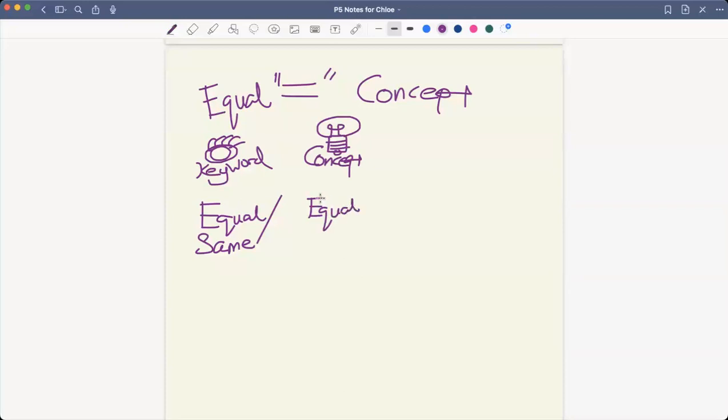So you can see that the keyword is similar to the concept name to make it easy for you.